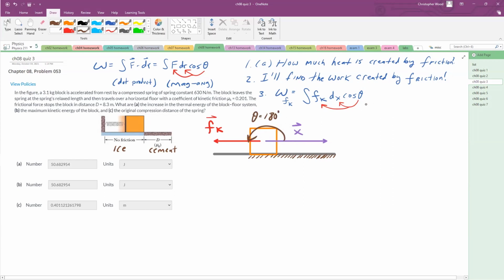So that answers theta. So let's keep going with number 3. What comes after 3? Number 4. Number 4 says the work done by friction is equal to mu sub k mg dx cosine theta from 0 to big D.